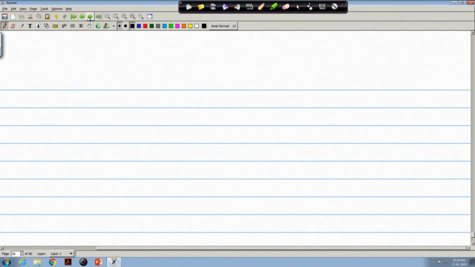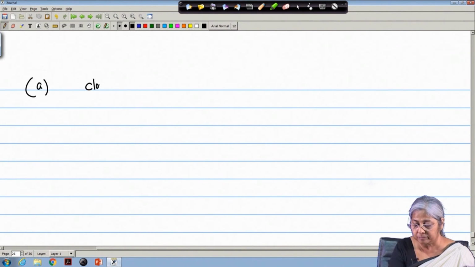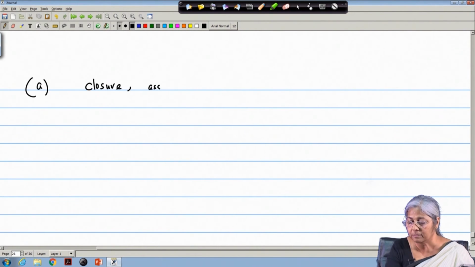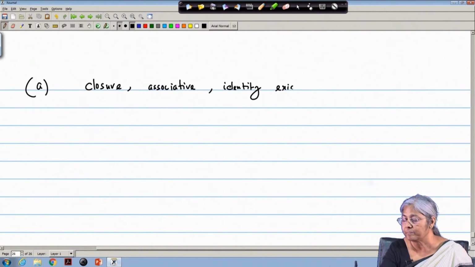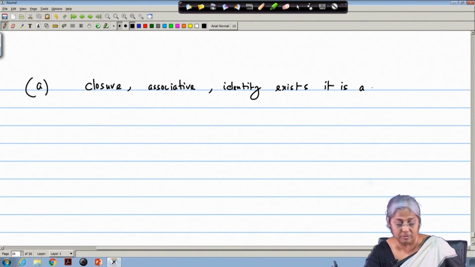So, what do I get? For my A part, the system defined here has the closure property, it holds associativity, and we have already seen the identity 01 exists. So, it is a monoid.